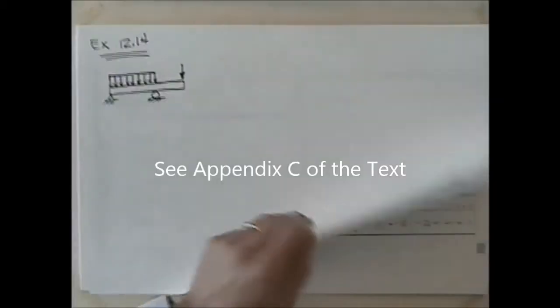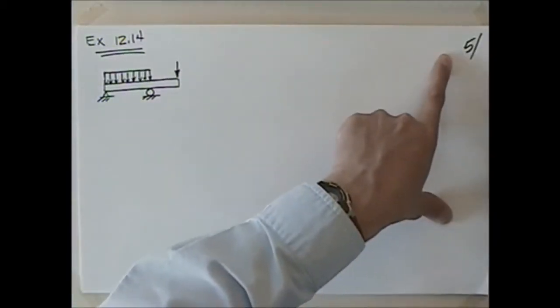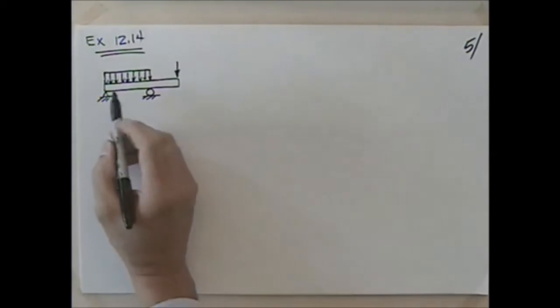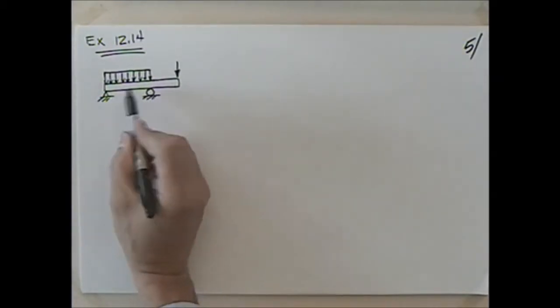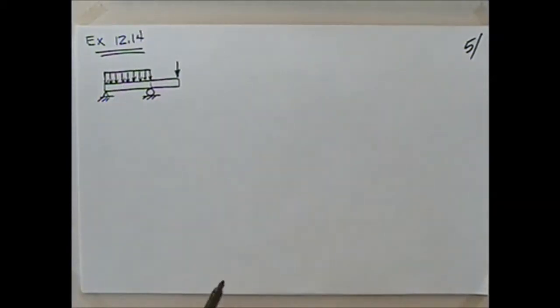But let me talk about an example that your author does. But this is page 4. Your author does an interesting example like this. Now, I'm not going to go through this. I'm just going to kind of lay it out a little bit. You have a simply supported beam that has a cantilever section. Over the simply supported section, you have a constant distributed load.